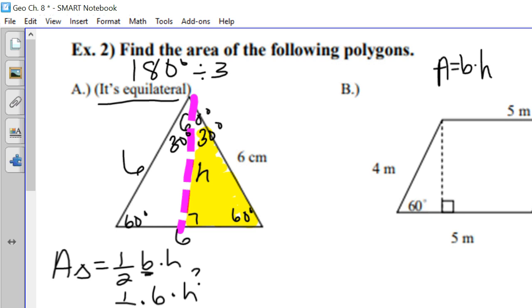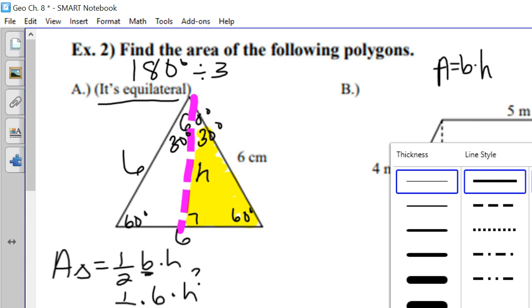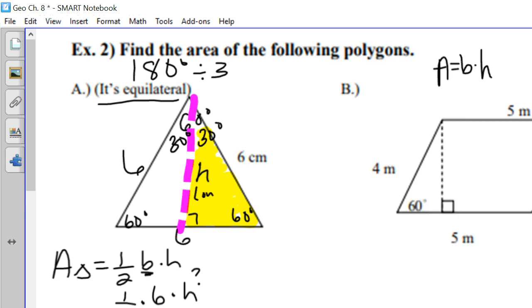It's across from the 60. Anything across from 60 is the long side. Six is the hypotenuse. If we know the whole thing is 6, the altitude cuts it in half. What's half of 6? 3. So we know that the short side is 3.